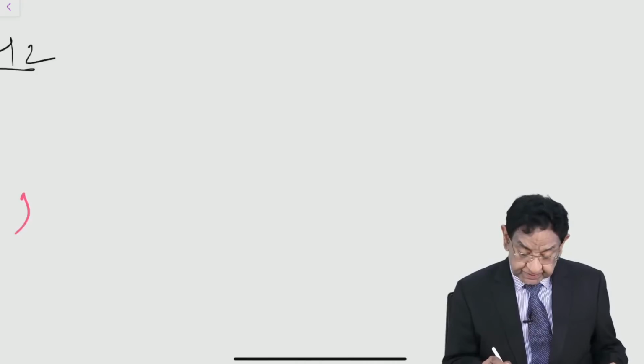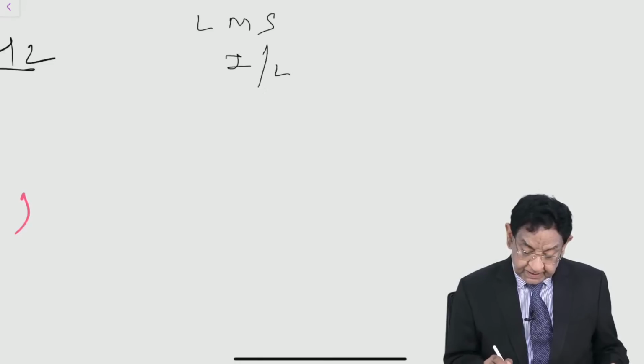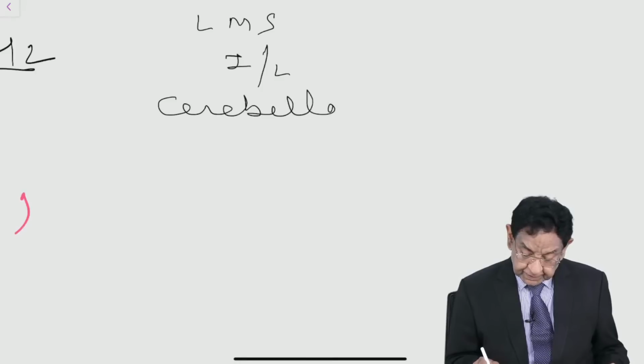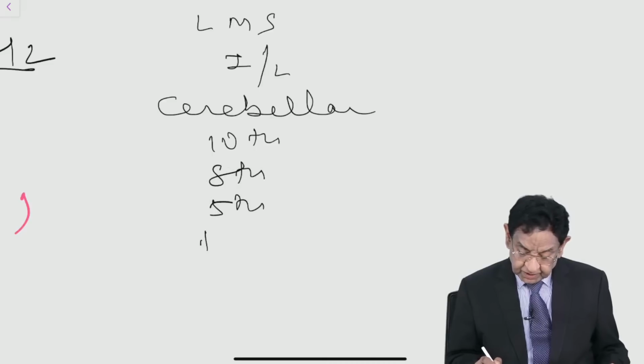Now you can write down. In lateral medullary syndrome, ipsilateral cerebellar feature, 10th nerve lesion, 8th nerve lesion, 5th nerve lesion, Horner syndrome.